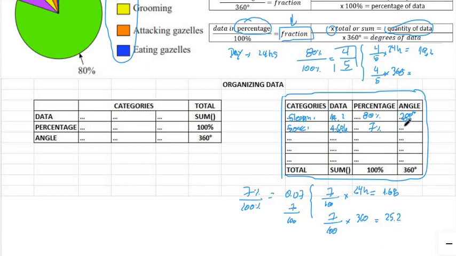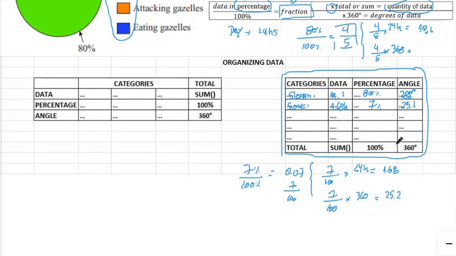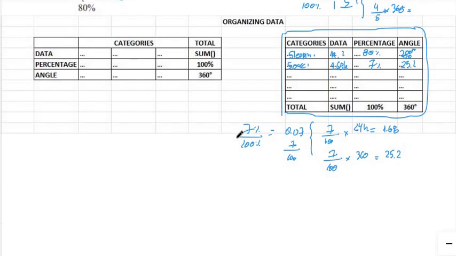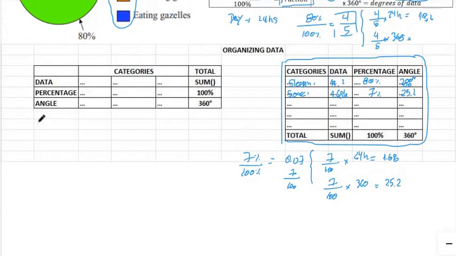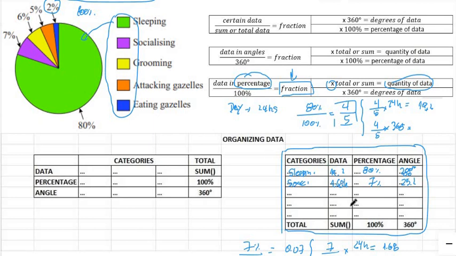Okay, so the angle is 25.2. Let's say, for example, you have another exercise, another exercise that they give you, and then you continue completing the table, and then, for example, you can answer the questions.